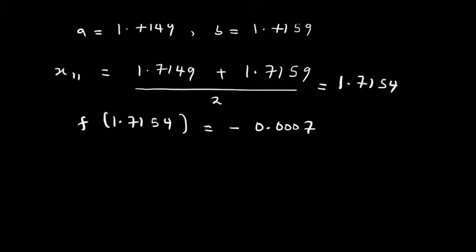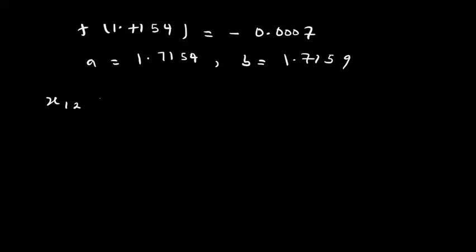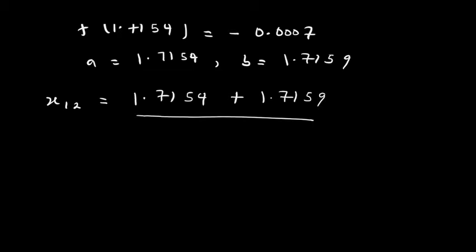Since this is negative, the next two guesses will be A is equal to 1.7154, B is equal to 1.7159. x12 is equal to 1.7154 plus 1.7159 over 2. This gives 1.7157.